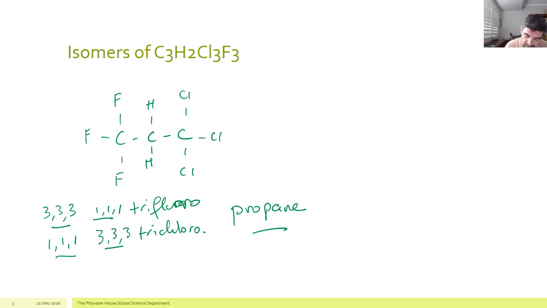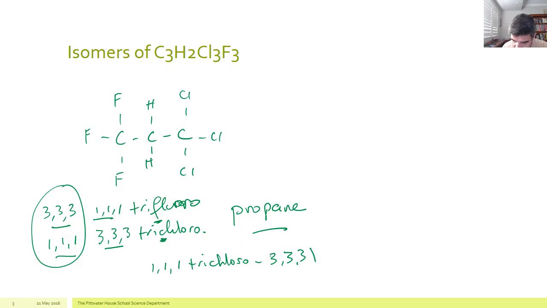So the rule now is that the chlorine, C, comes before fluorine, F, in the alphabet, and so therefore the correct name for this compound would be this one. So 1, 1, 1 trichloro, 3, 3, 3 trifluoro propane.